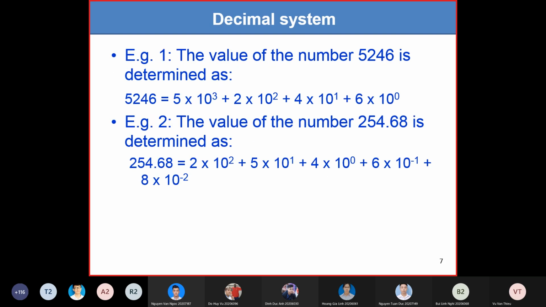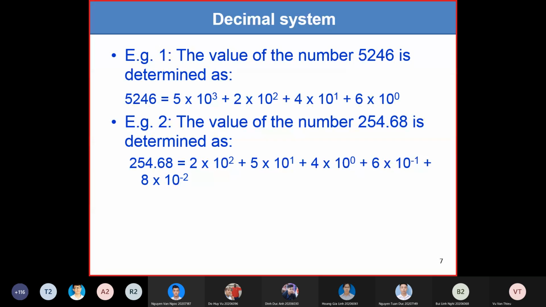Okay, so for example, the value of the number 5246. We index it. The index of 6 is 0, right? The index of 4 is 1. The index of 2 is 2, and the index of 5 is 3. Sorry, 0, 1, 2, 3.